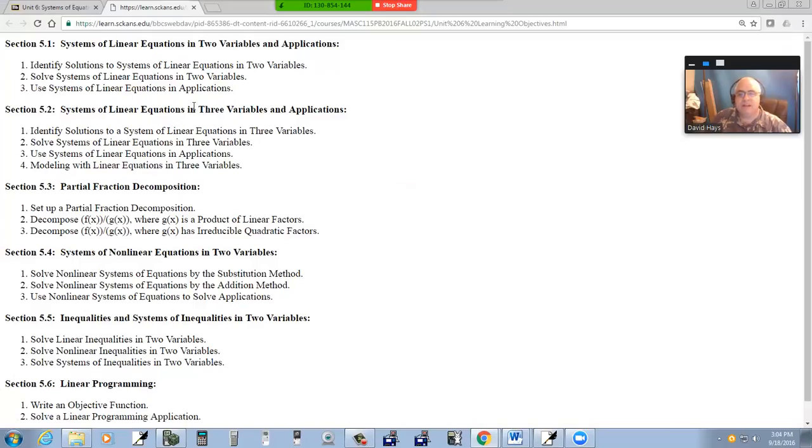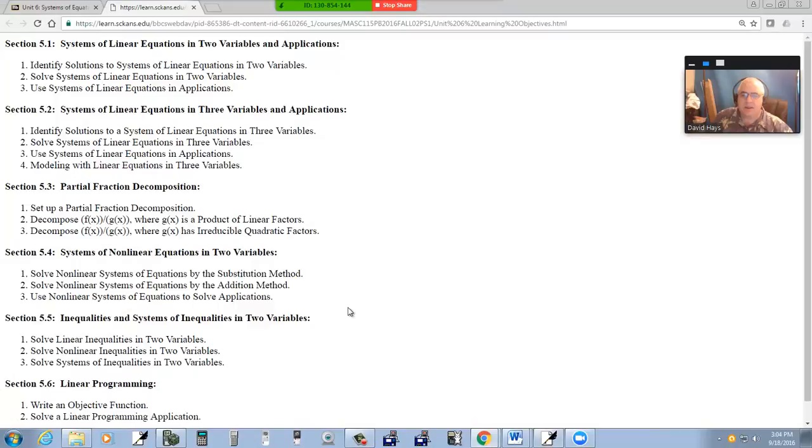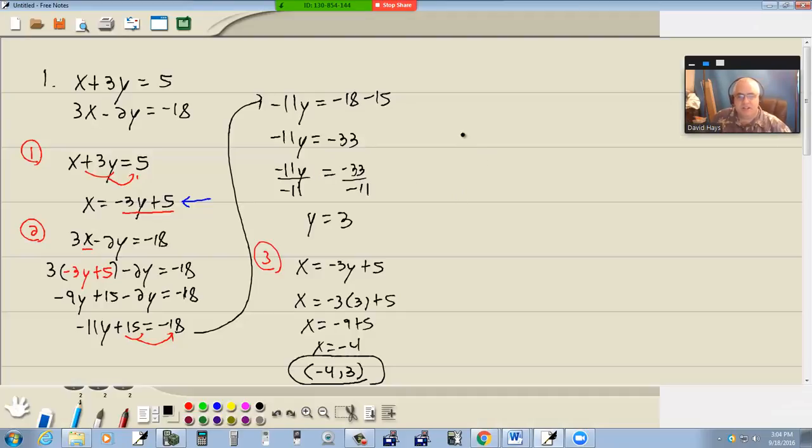Now, identify solutions of a system of linear equations in two variables. Now that we found our answer, this is specifically topic 2, though it doesn't say substitution. To check this, you plug the point negative 4, 3 into both equations.